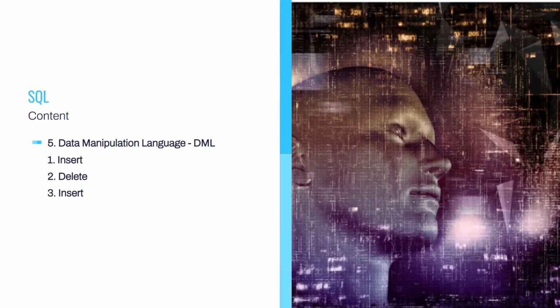If you want to insert the data, you need one language, that is data manipulation language. With the help of data manipulation language, you can insert the data, delete the data, and update the data. It is some printing mistake.